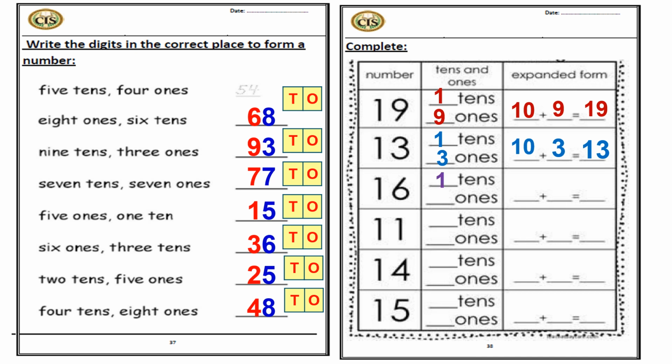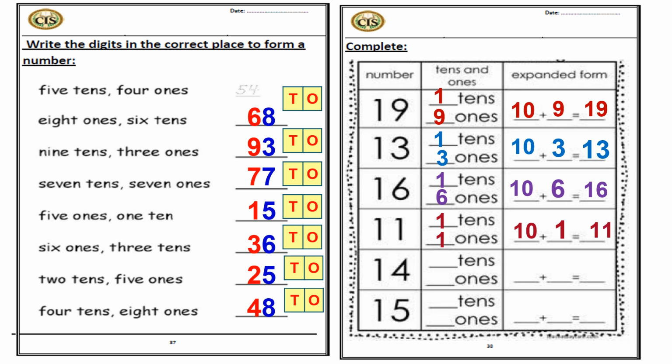16. 1 behind the tens and 6 behind the ones. So 6 ones mean 6 and 1 tens mean 10. So the answer will be 16. 11. 1 behind the tens and 1 behind the ones. So 1 tens mean 10 and 1 ones mean 1.